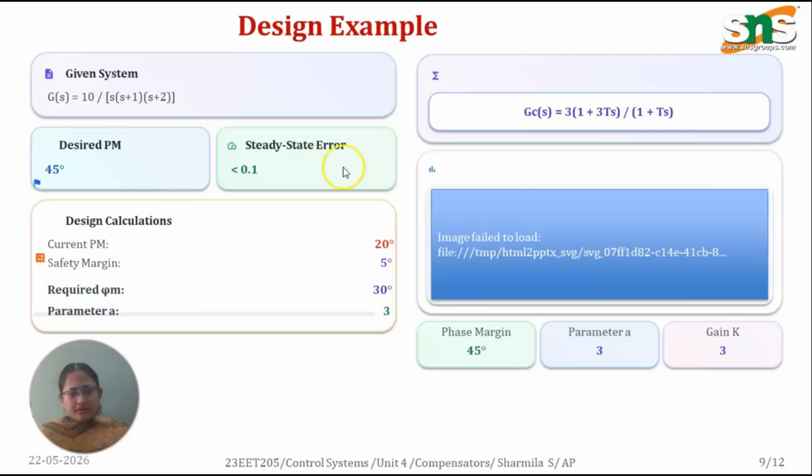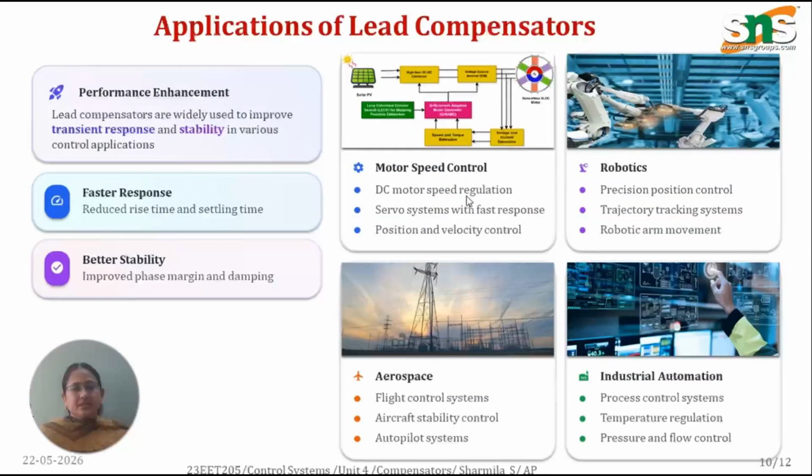The applications of lead compensators: they are widely used in many engineering systems. In motor speed control, they are used in DC motor drives, servo systems and position control systems. In robotics, they are used for robotic arm movement and precision positioning.